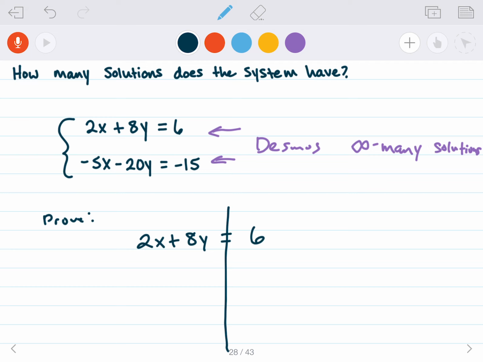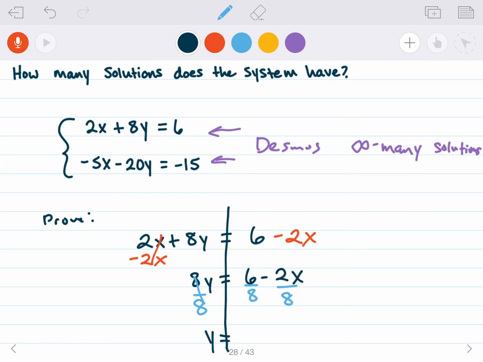So to do that, I want to isolate y. That's my mission. So first of all, with my first line, I'm going to subtract 2x from both sides, leaving me with 8y equals 6 minus 2x. And now I'm going to divide both sides by 8 and simplify as much as I can.